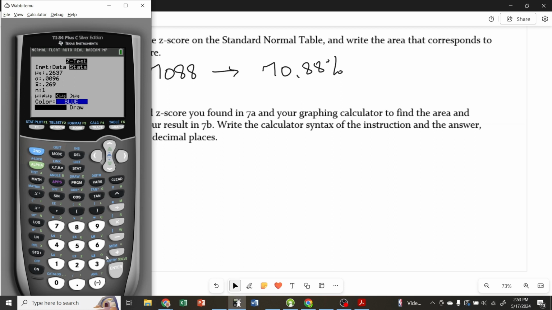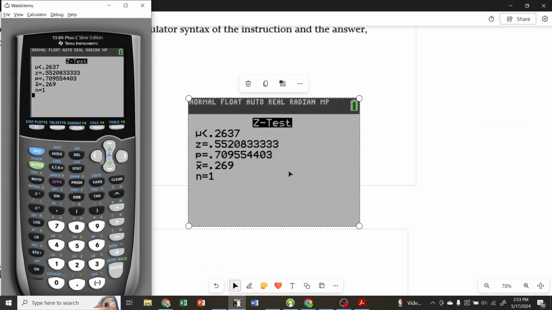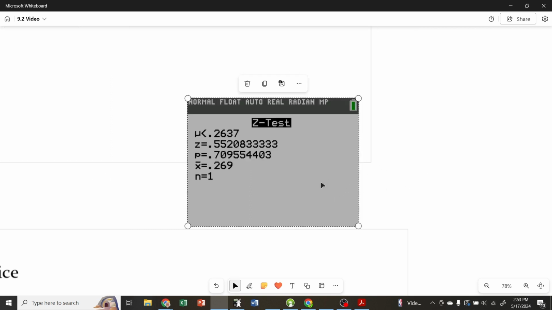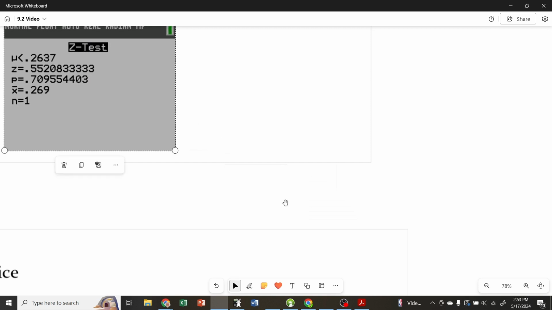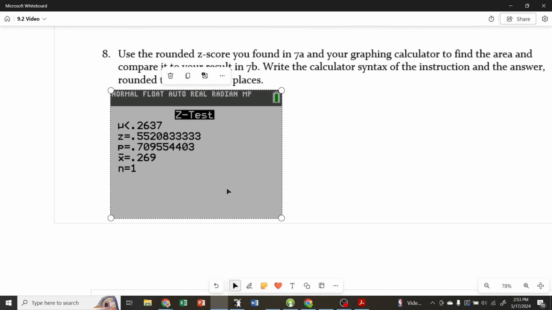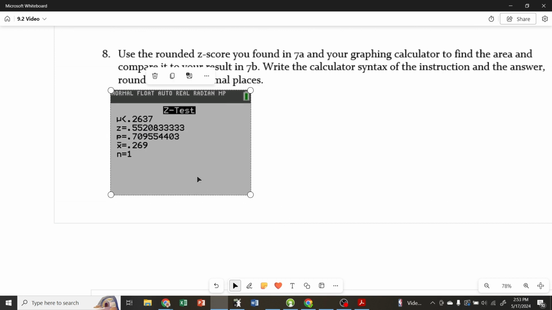So we have this value right here. There is our calculator information. You'll notice it's 0.70955. We're off just a little bit from what we calculated on the other one.